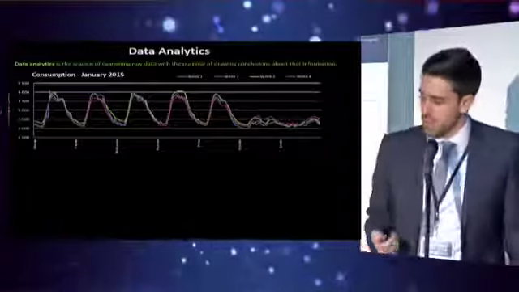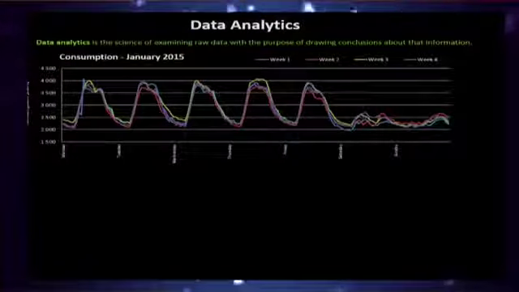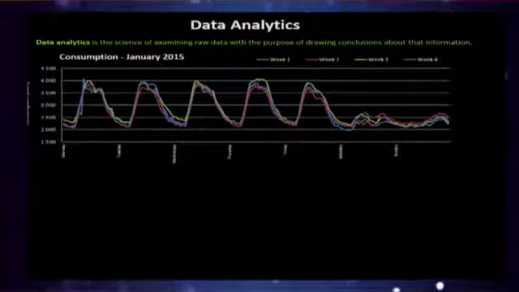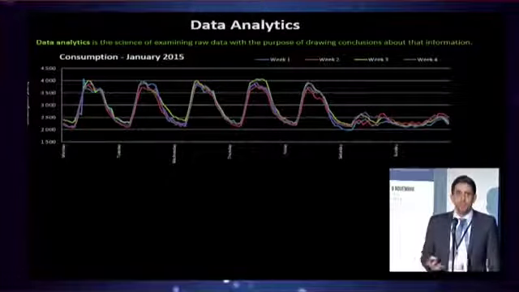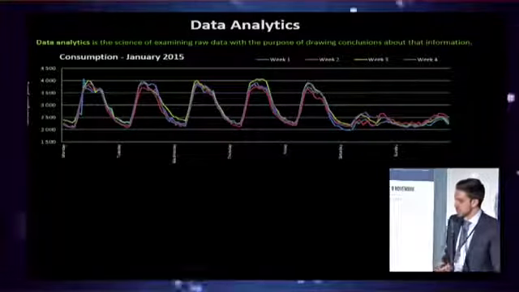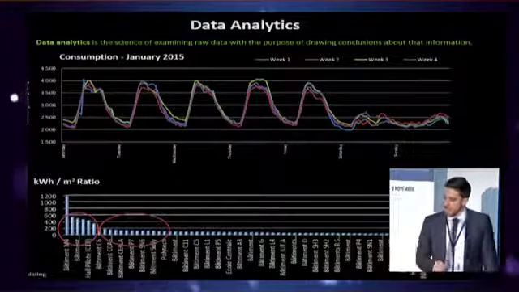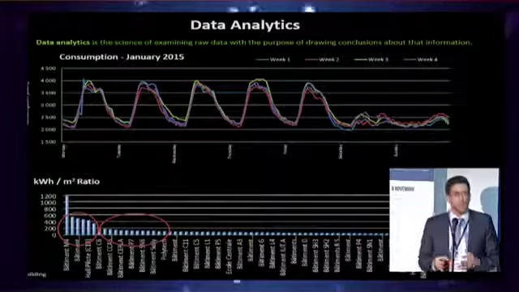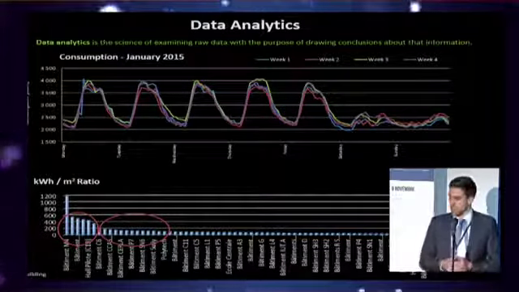Other studies we use: we can also take the data over a given month, over given buildings, and compare them, look for anomalies, look for some unusual consumption levels. Another study we've done is we compared the kilowatt hour consumption to the size of the building, the meter squared ratio.